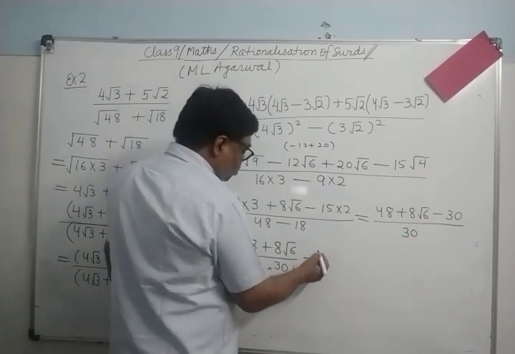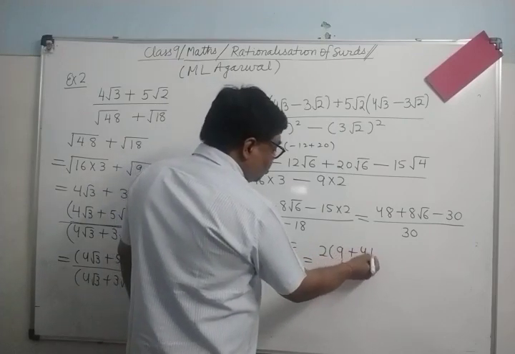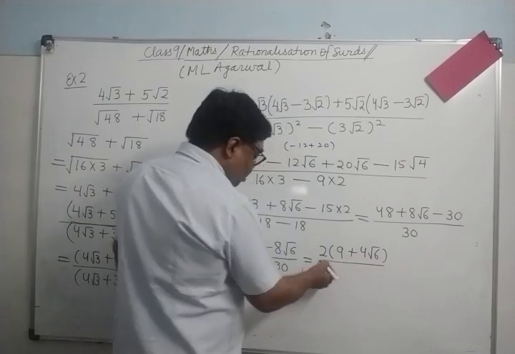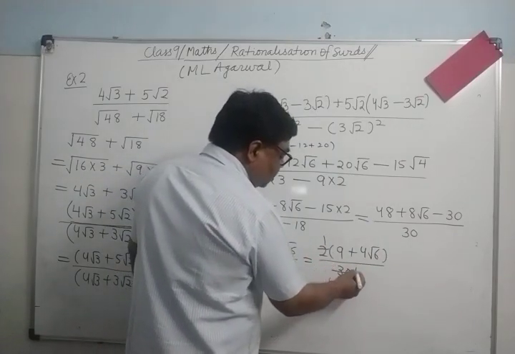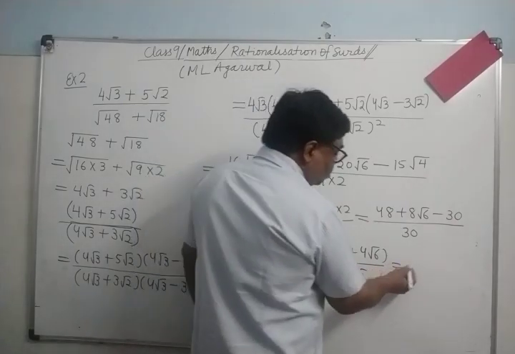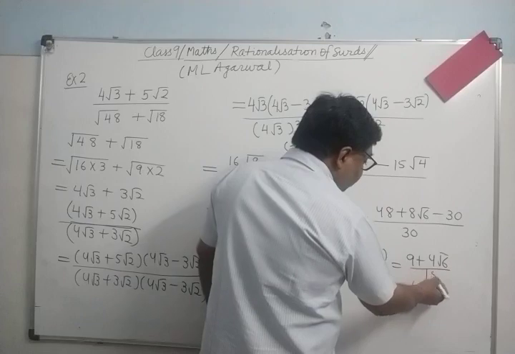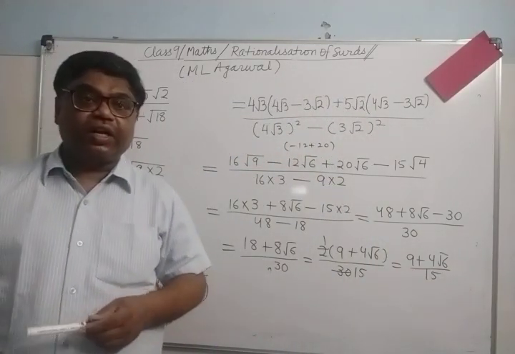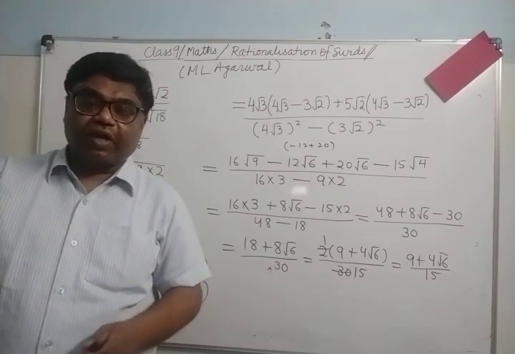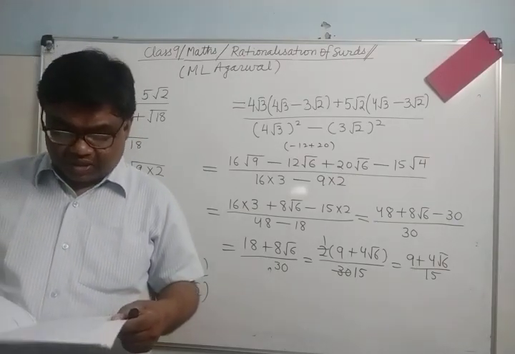When you take 2 common, it is 9 plus 4 root 6 upon 15. So on cancelling, it will be equal to 9 plus 4 root 6 upon 15. So this way you can convert the denominator into a rational number. It's clear? This is rationalizing the denominator.